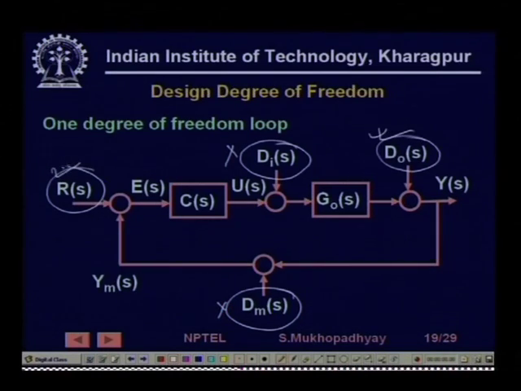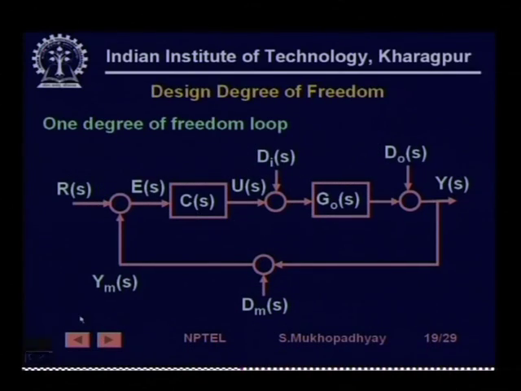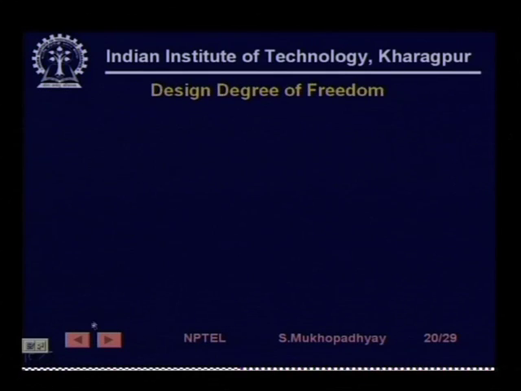We want good set point tracking, so the response Ys by Rs we want to shape, and at the same time we want good disturbance rejection, so this response Ys by D0s also we want to shape, but that is not possible because this is a 1 degree of freedom controller. Using Cs you cannot select both of them independently.